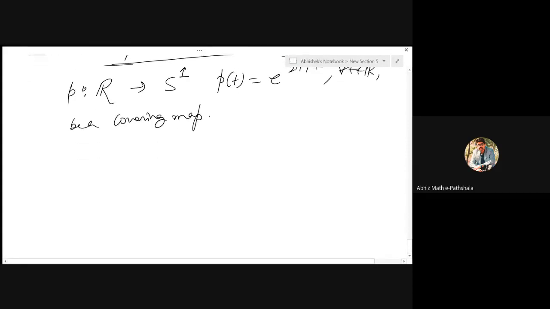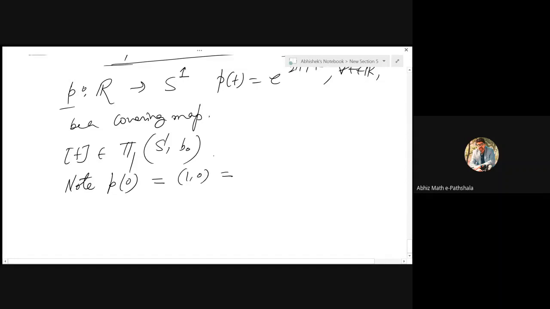And now suppose you have a class of f in the fundamental group of S1. That is, you have a loop around S1 based at B naught. And note that with respect to this P, suppose we fix up this 0, so P of 0 is B naught.